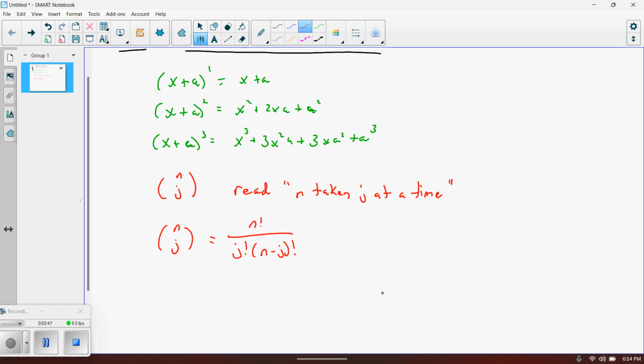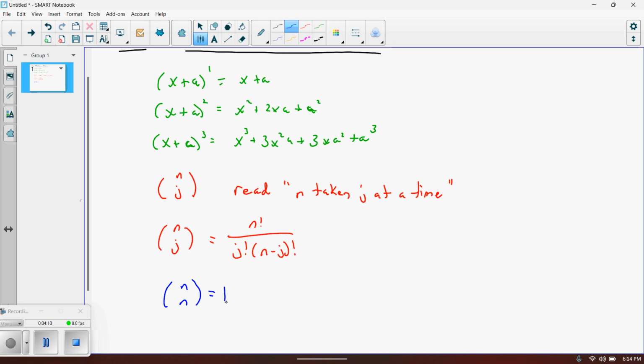Okay, so in other words, the general idea is, let's do one that's very, very general. If I have N things, and I want to take all N things at one time, well, there's really only one way you can do that. So if I have 5 things and I want to take all 5 things all at the same time, that's going to ultimately be 1.